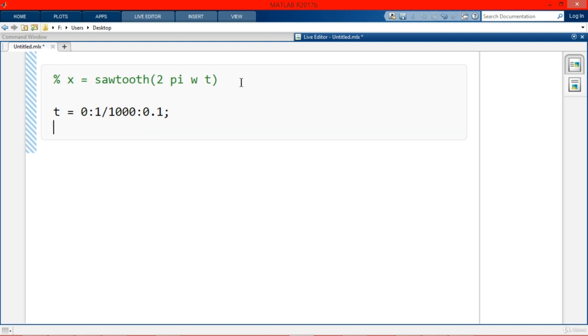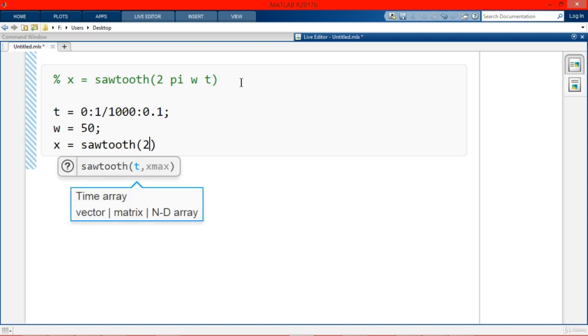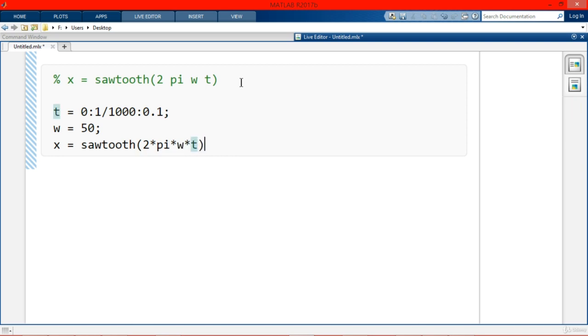Now for frequency, omega equals, let's say I'm taking 50, and type the expression. So x equals, we'll use the function sawtooth here, and 2 pi omega t. Now plot the graph by using the plot command.